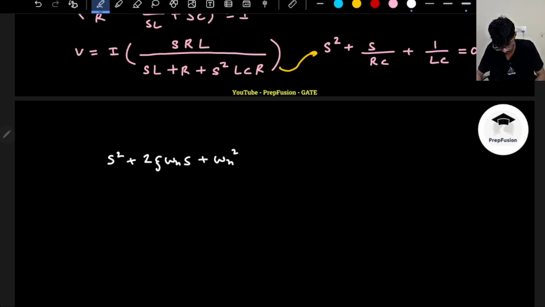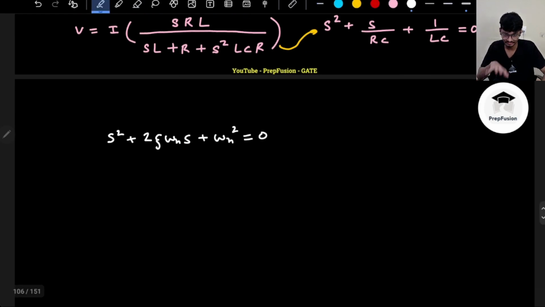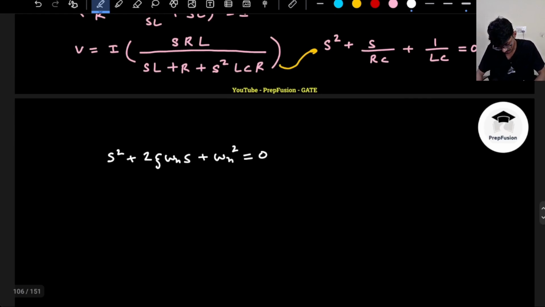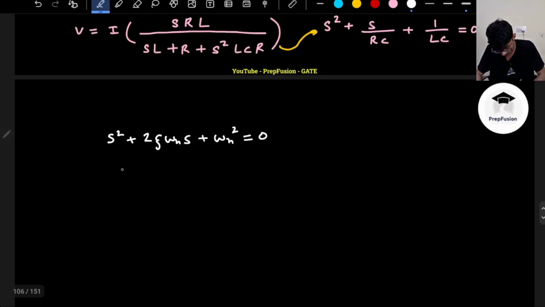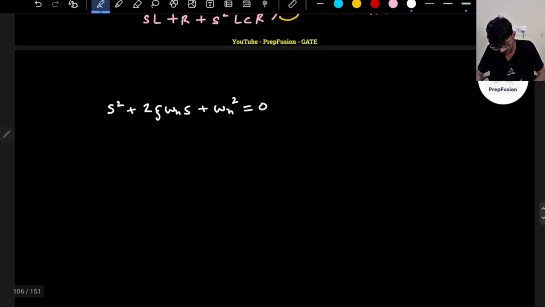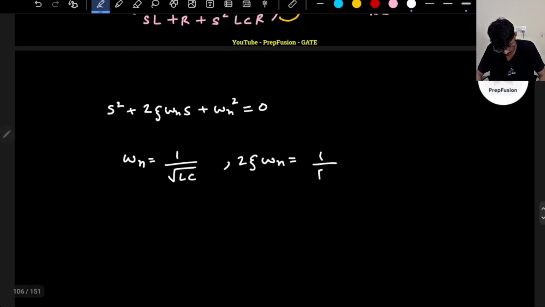For the students who don't understand this control system, they can ignore this. You will revisit this once you have studied control systems. So this is s square plus s by RC plus 1 by LC. So omega n is 1 by under root LC, and 2 zeta omega n is 1 by RC.